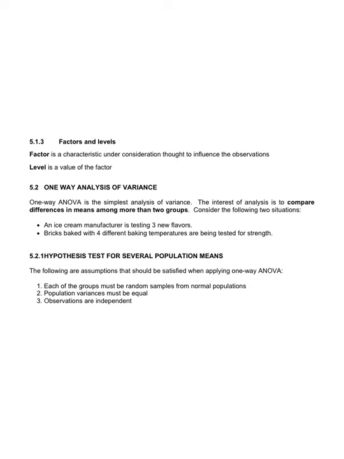Okay, consider the following 2 situation. An ice cream manufacturer is testing 3 new flavor. Bricks baked with 4 different baking temperatures are being tested for strength. So ni contoh untuk one-way ANOVA lah, one-way analysis of variance.